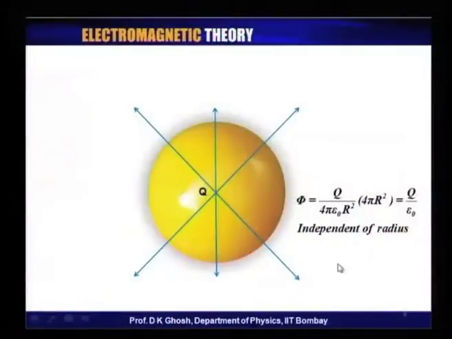So, that is my strength of the electric field, and since it is the same everywhere, the integral is only over the surface, which gives me 4 pi r square, that is the area of that surface, and if I now calculate it, it becomes q by epsilon 0.